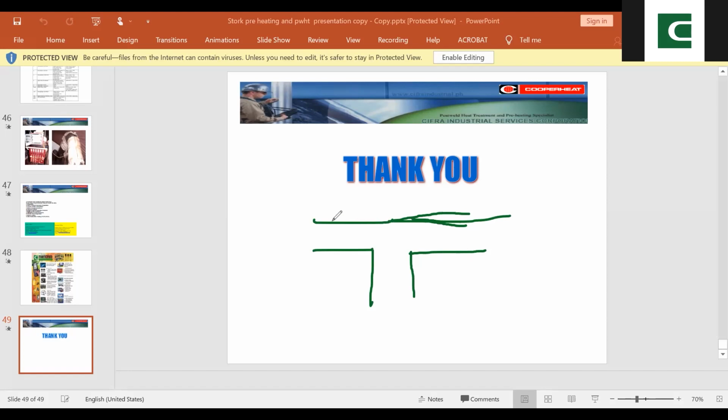So, maglagay ka ng heater on the top portion. Lagyan natin ng ceramic pad to. Then, also on this part, maglagay tayo. Also on this part. Okay?